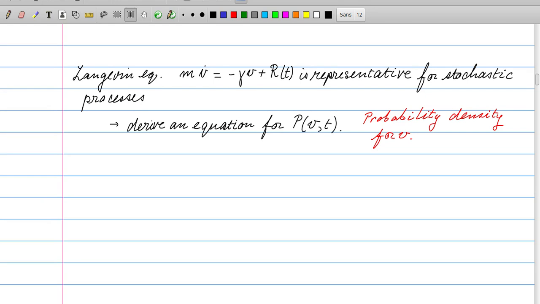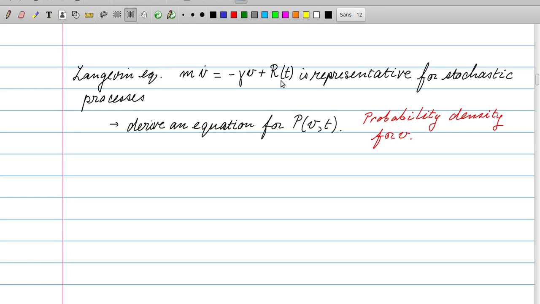Although we have motivated the Langevin equation from the context of a Brownian particle, it should be emphasized that the analysis is representative for stochastic processes in general. So if you have a system which is out of equilibrium but which relaxes towards equilibrium, it can be described generally by a Langevin equation where the minus gamma v is responsible for the tendency for the system to go towards equilibrium, and R(t) represents the thermal fluctuations.